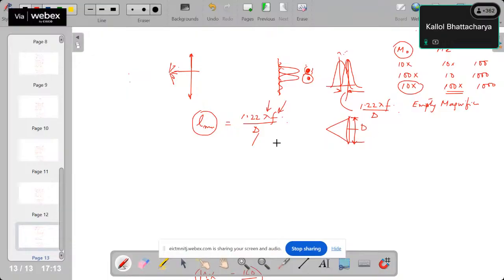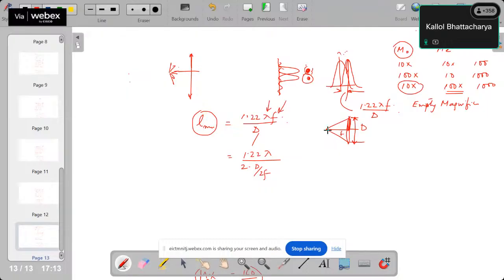So we can write this as 1.22 lambda, 2 into d by 2 f. Now d by 2 is the radius, and f is this distance.